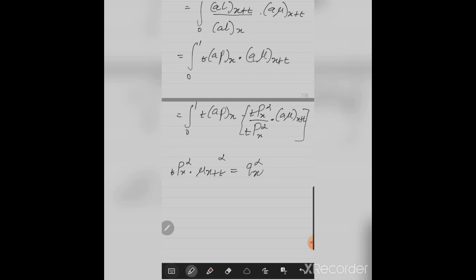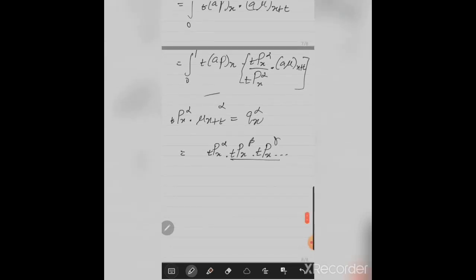As I have already brought up the multiplication, so the integral becomes tPx alpha times tPx beta and tPx gamma and so on. So if I'm dividing by tPx alpha, this becomes tPx beta, tPx gamma kind of style.